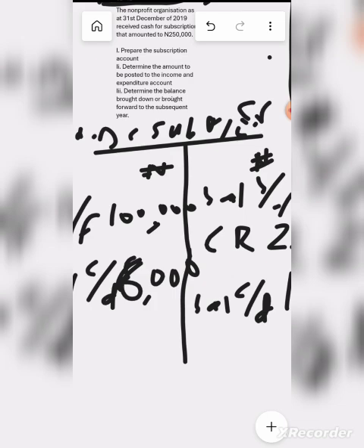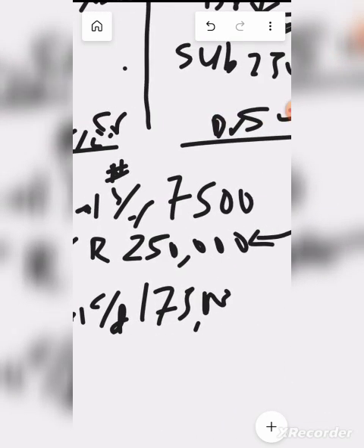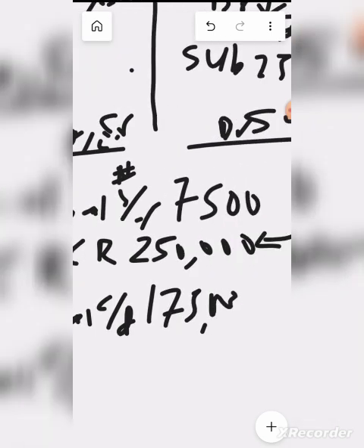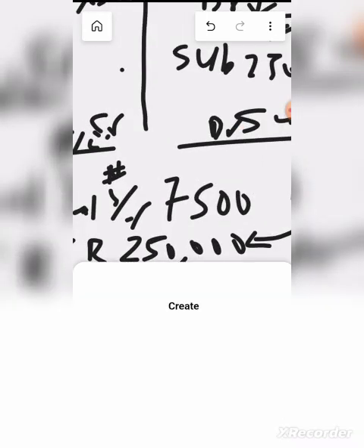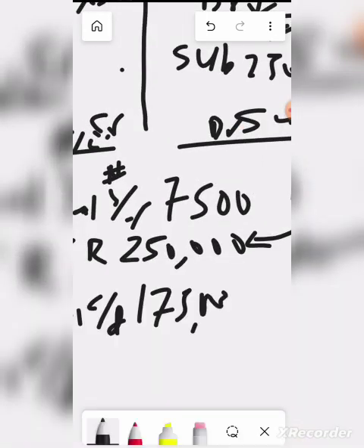So let us add up the figure. Now 7,500 plus 250,000 will give us 257,500, plus 175,000.